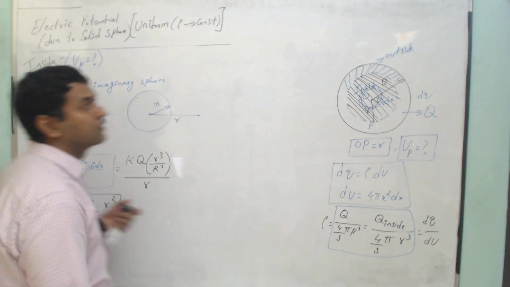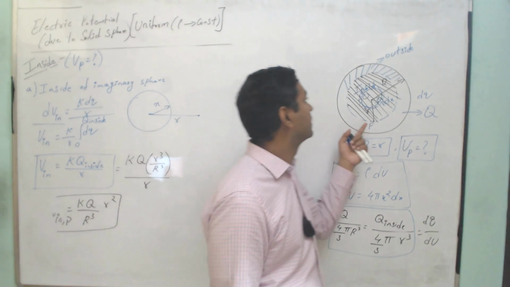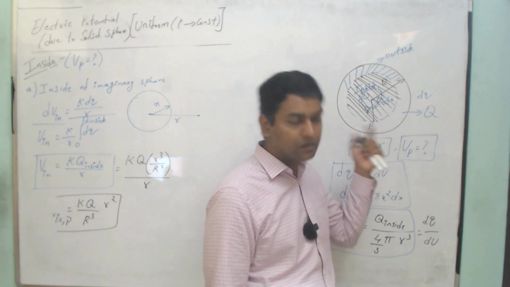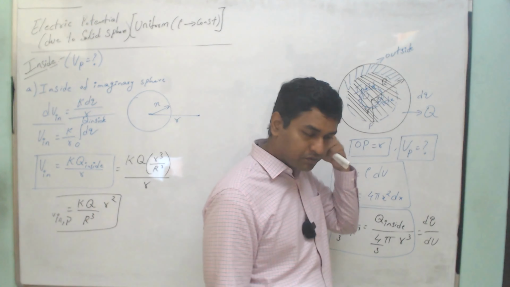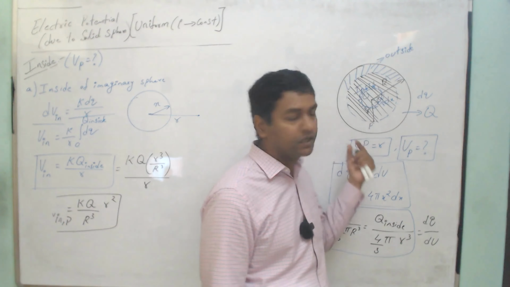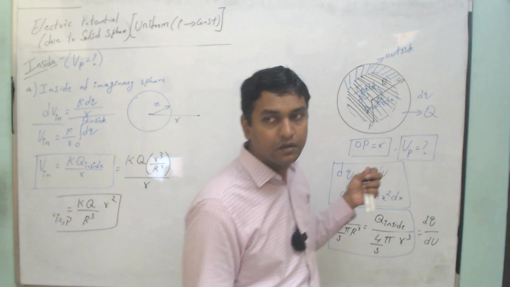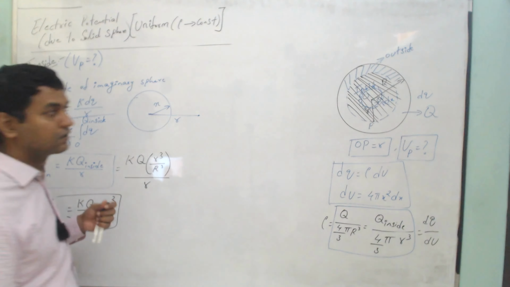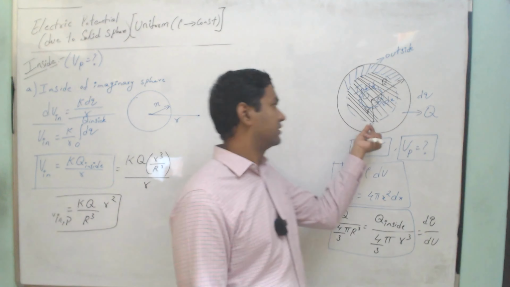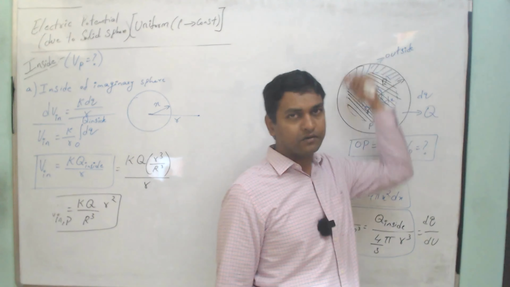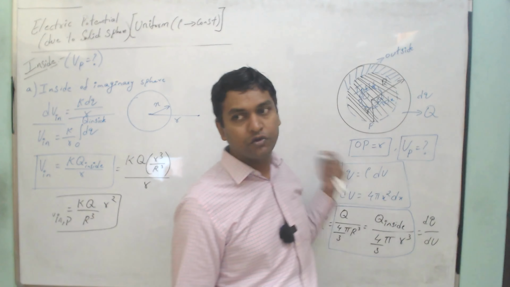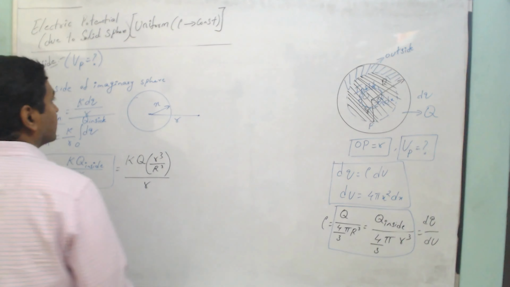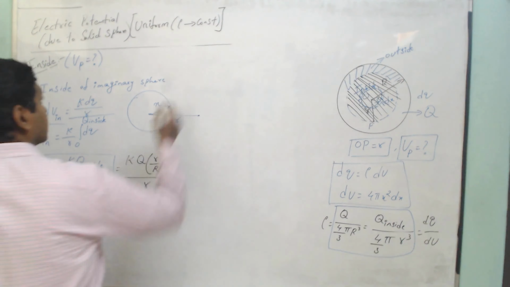If we want to find in between of the outside and inside region, we have to find at point P. We have to find only at a specific point. Anyways, everywhere on that sphere, potential will be same due to symmetry. Okay, let us do outside part and then we'll see.